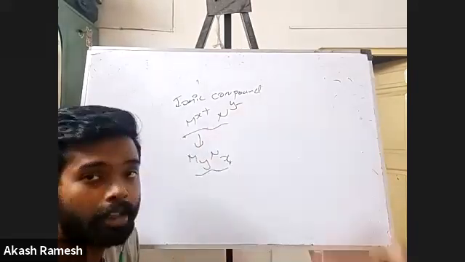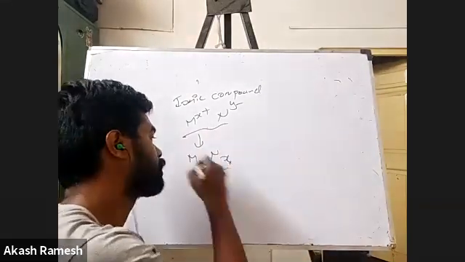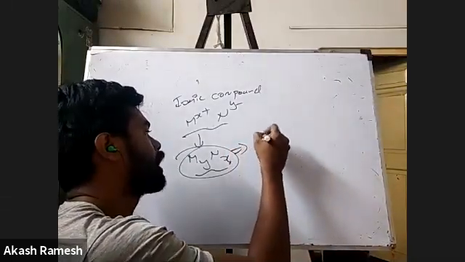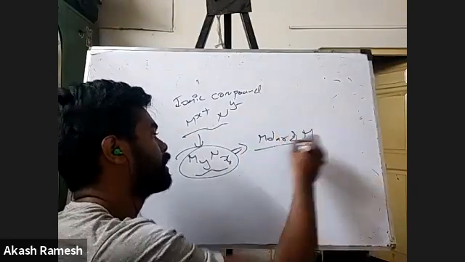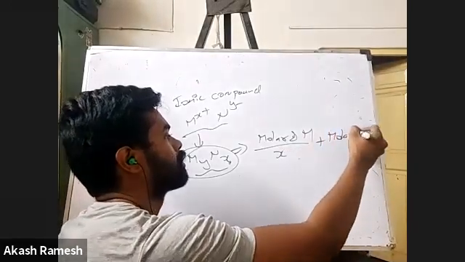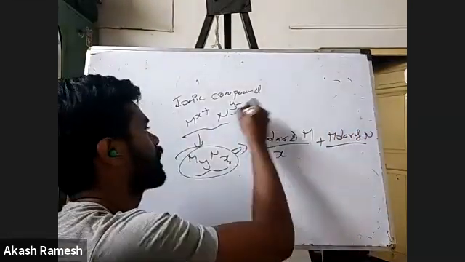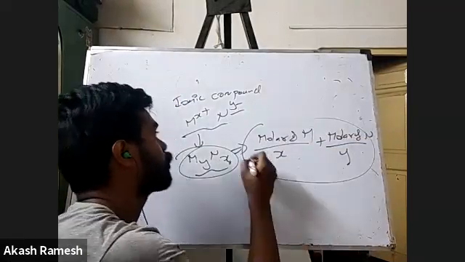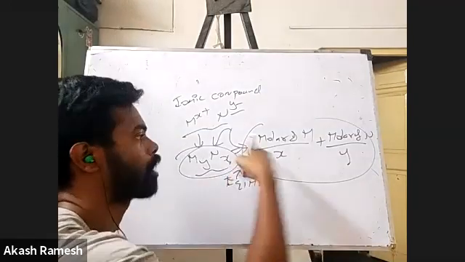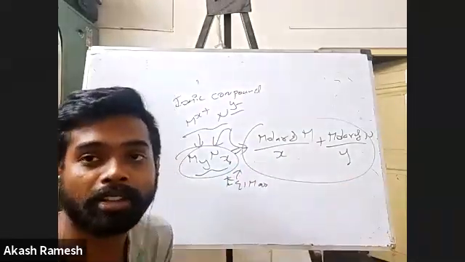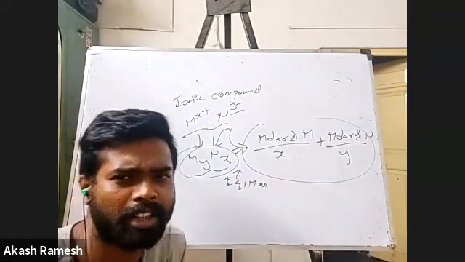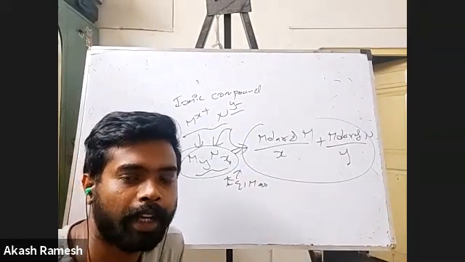For this compound, it would be the molar mass of M divided by its charge, X, plus the molar mass of N divided by its charge, Y. The equivalent mass of this compound is the sum of the cation's equivalent mass and the anion's equivalent mass. Pretty simple.